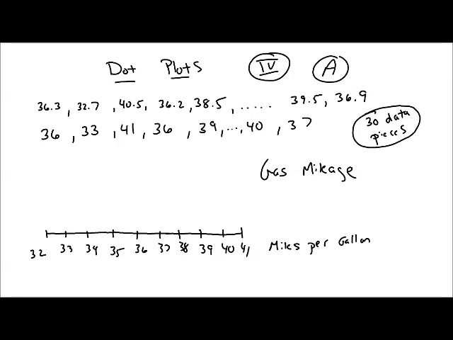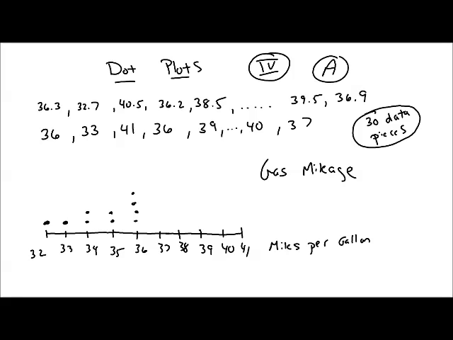Okay. And when you do this, you notice you have 32, and you can put either a dot there or an X. Some people like to do X's. Some people like to do dots. Well, we're just going to keep it with the name dot plots. I'm just going to use a dot. This one has 1 dot. This one has 2 dots. This one has 2 dots. This one has 4.